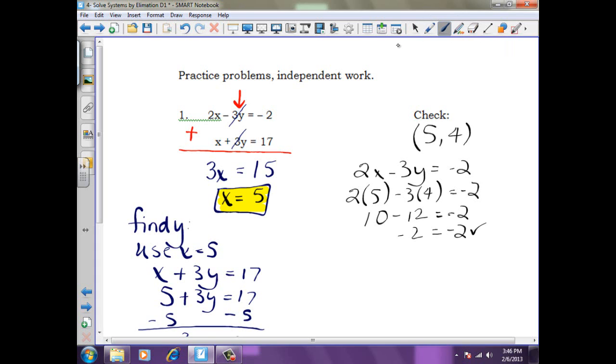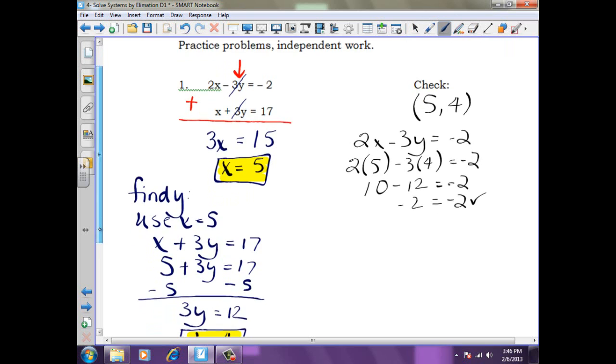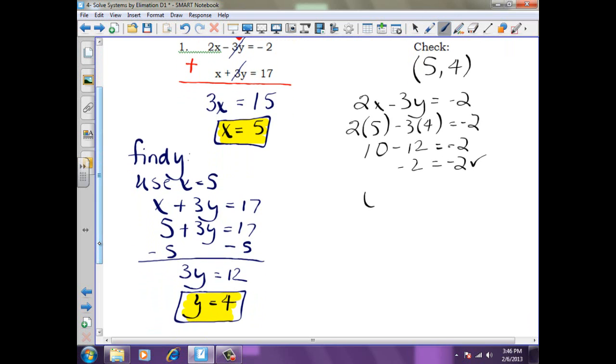Second equation, write the original equation, show your substitution, and both sides check.